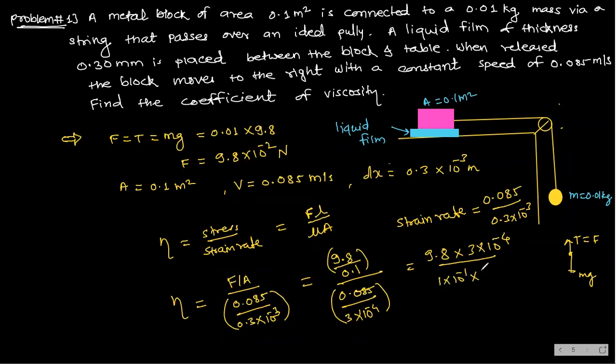Sir, 9.8 into 10 power minus 2, no, sir. 8.5 into 10 to the power minus 2. Yes, tell me. Force is 9.8 into 10 power minus 2, no, sir. Yes. We have to substitute that. So here minus 2 will come extra.